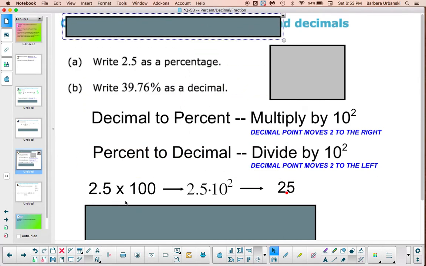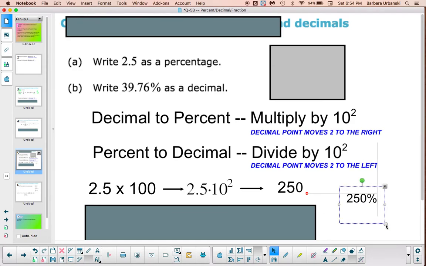We could do the math this way: 2.5 times 10 to the second power. You'd be moving it to the right two place values, 1, 2, and since there is nothing there, we could go ahead and put a 0. And if we do that, we would end up with 250, and it would be actually 250%.